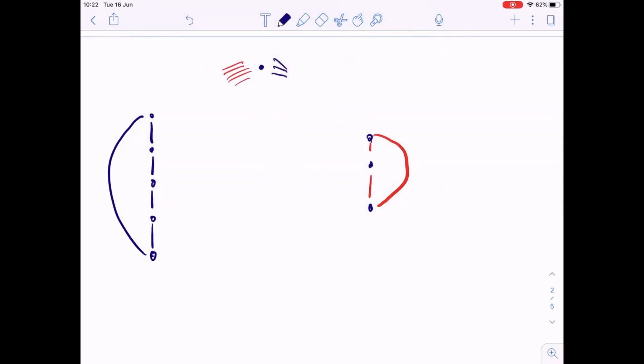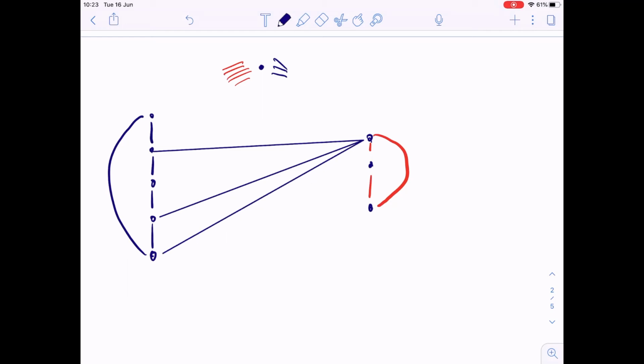Now if any 2 of these nodes are connected to a single node in blue, then this is going to form an R3, something that we don't want. So that means that at best we can only have 2 blue connections from each of these nodes on the right hand side. If I had a third, even if I had one here, for example, I can't have that one, can't have that one, and I can't have that one.